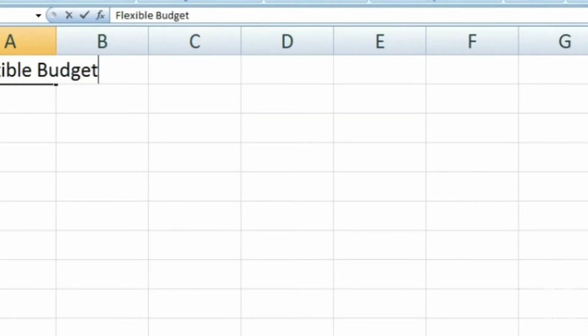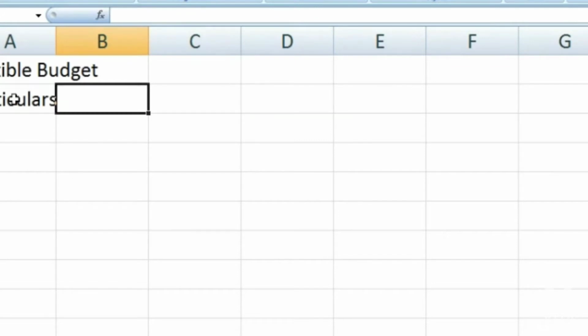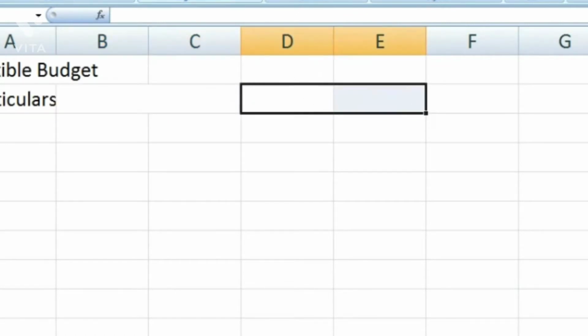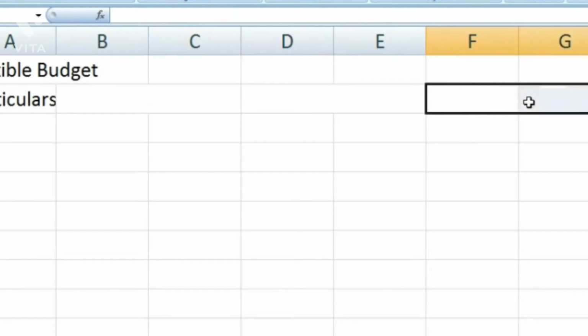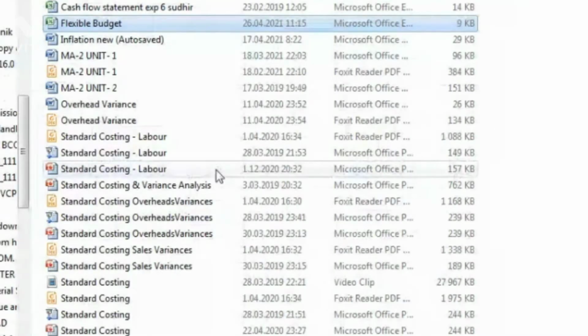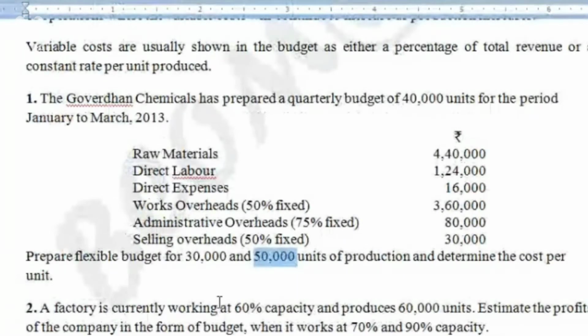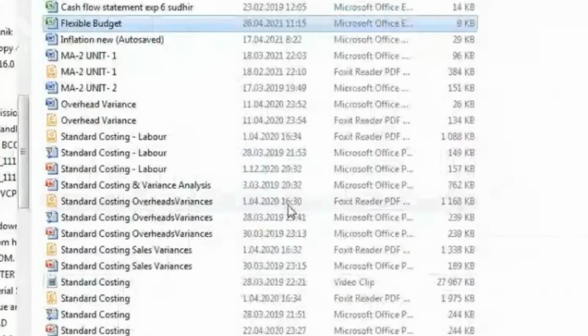Okay, and now here is particulars. Then I prepared 2 columns for each level. So 2 columns for 40,000, 2 columns for 50,000, and 2 columns for 30,000.